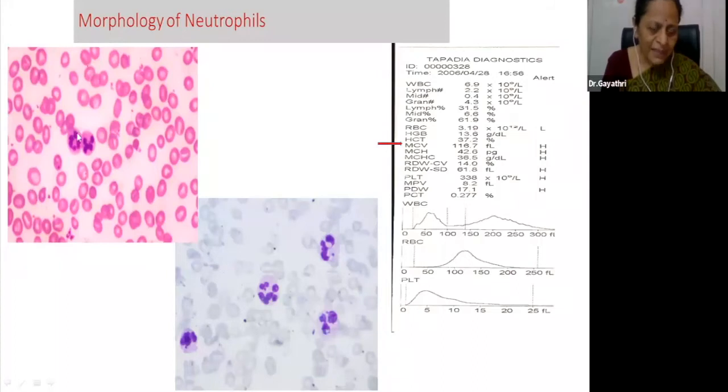See, accompanying these, what are they? There are macrocytes. Take the help of the histogram. Even a 3-part differential here will tell you that there is macrocytosis accompanying this histogram. There are hypersegmented neutrophils, a fantastic combination to suspect megaloblastic anemia.